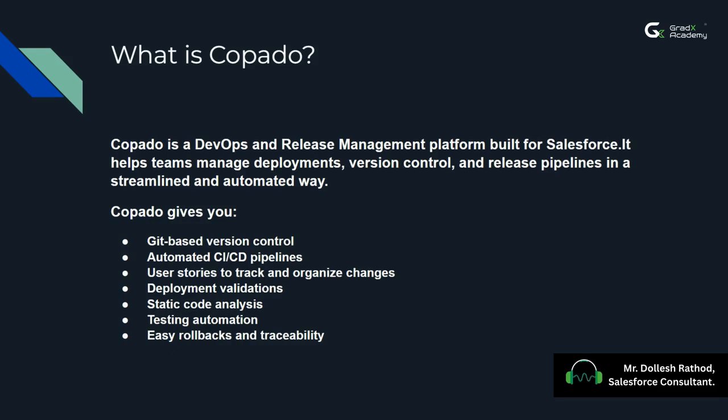Copado gives you Git-based version control, automated CI/CD pipelines, user stories to track and organize changes, deployment validation, static code analysis, testing automation, easy rollbacks, and traceability. In simple words, Copado makes Salesforce development deployment faster, safer, and much more manageable, especially for teams working across multiple environments.